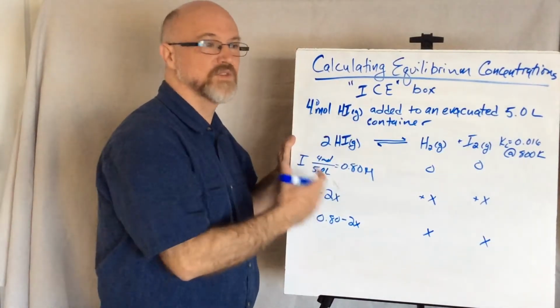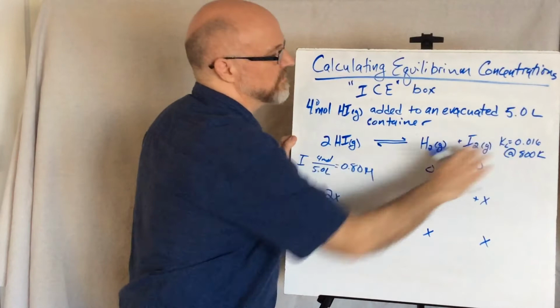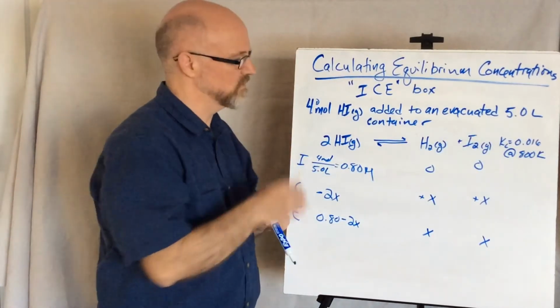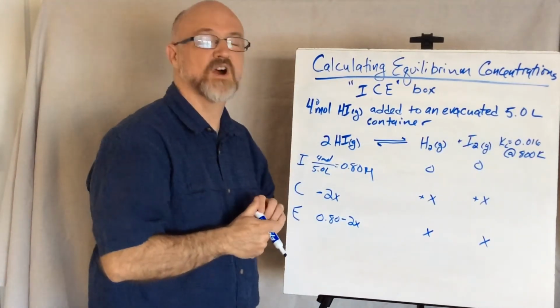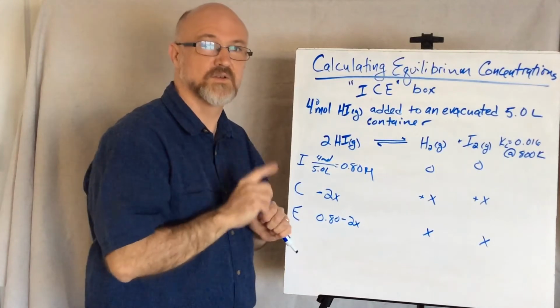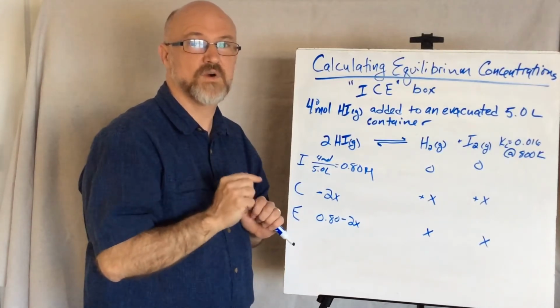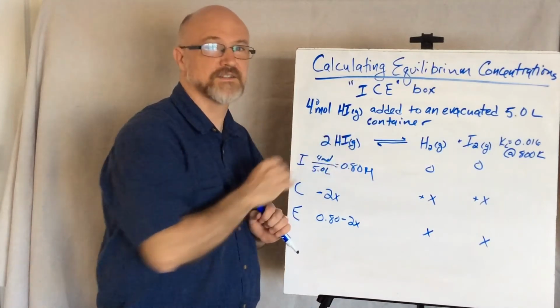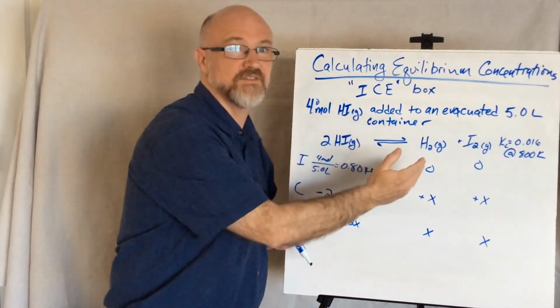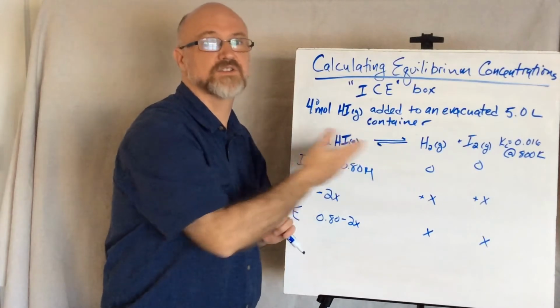So how are we going to put this all together, making use of the equilibrium constant, which for this reaction is 0.016? Little reminder, K values that are less than 1 tell you that reactants are favored. Only a little bit of this is going to turn into product before it reaches equilibrium.